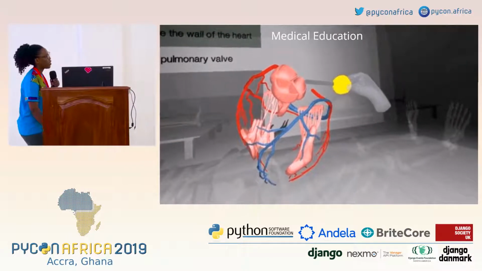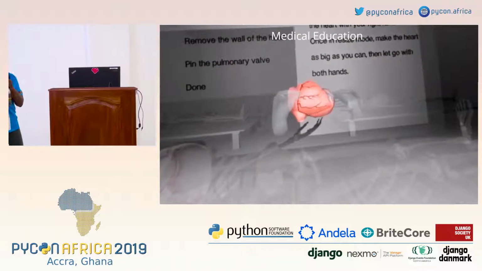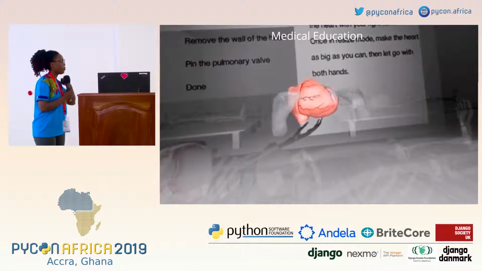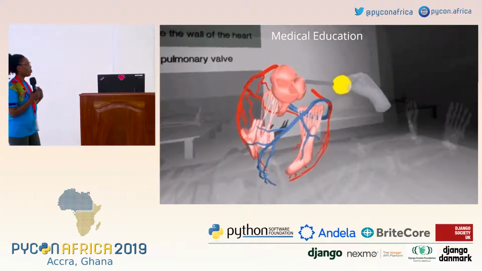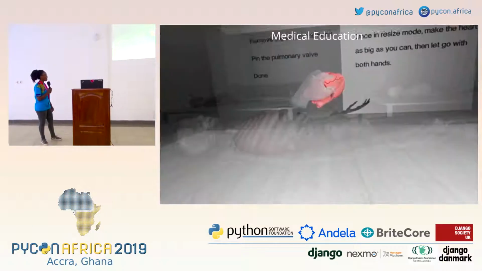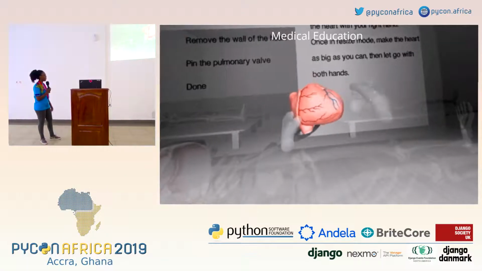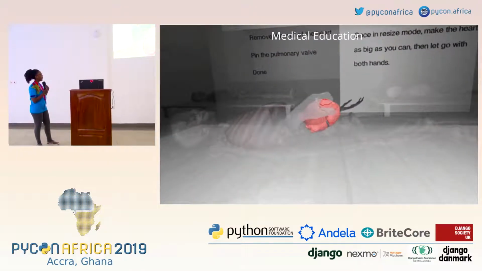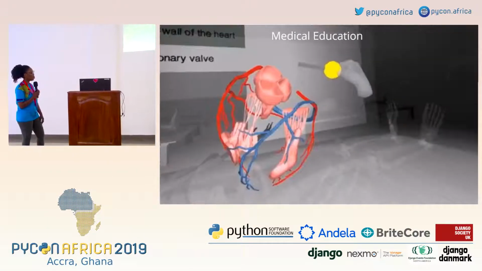So I'd like to explain some of the technologies that are very advantageous and beneficial to the community and could help so many people to experience things in a better way in the world. Well, with A-Frame, we have medical education.